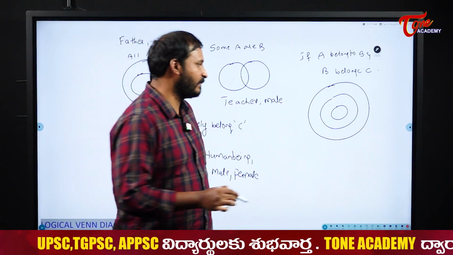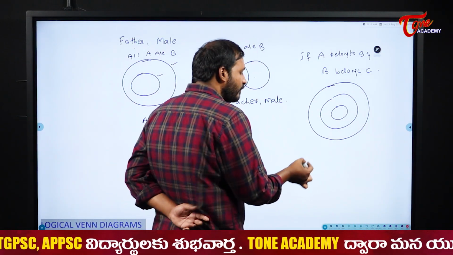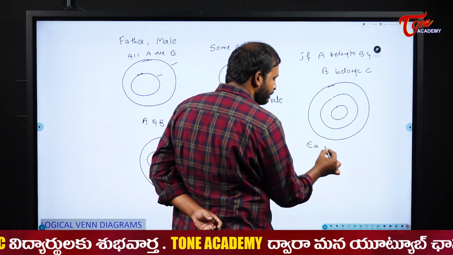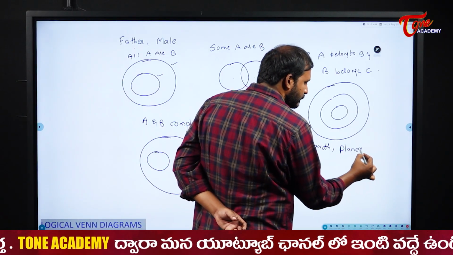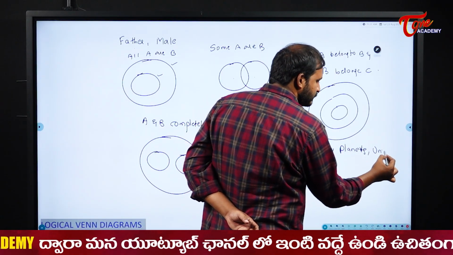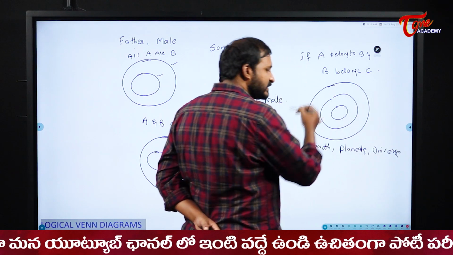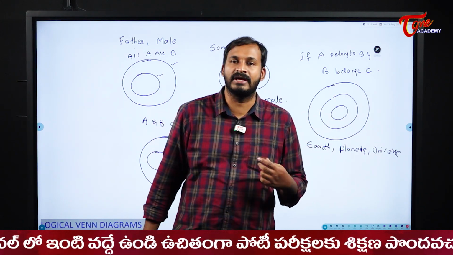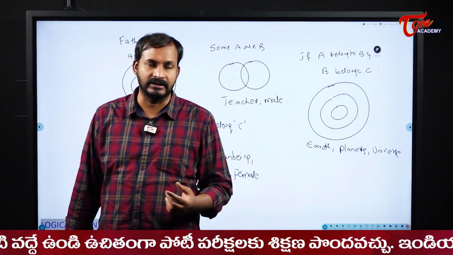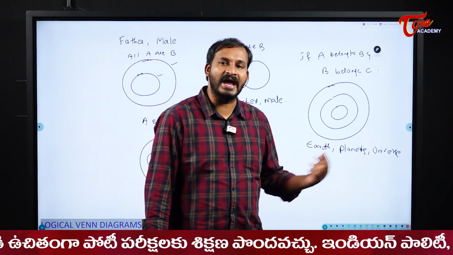What is the example for this, sir? If I want to write the example, I will write Earth, planets and universe. So here universe is the largest group. Inside that I will have planets. Inside planets I will have Earth. So this is the relation between Earth, planets and universe.